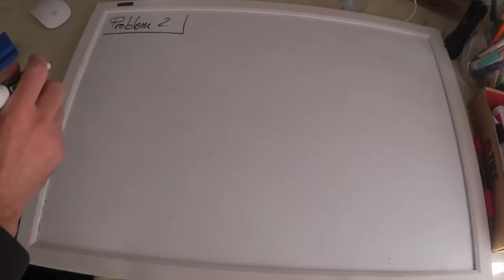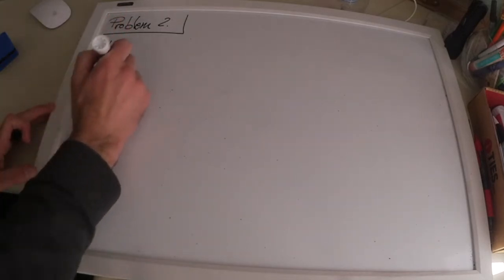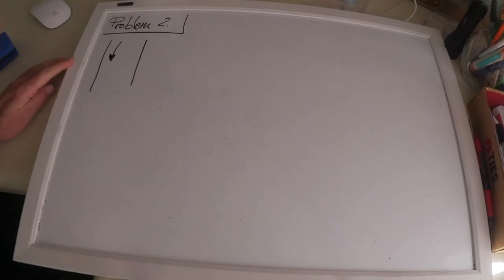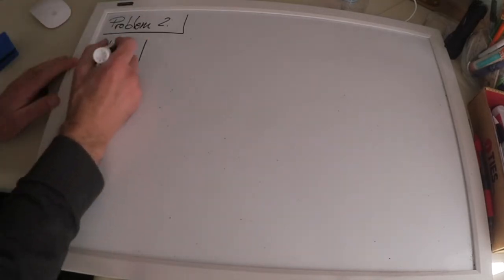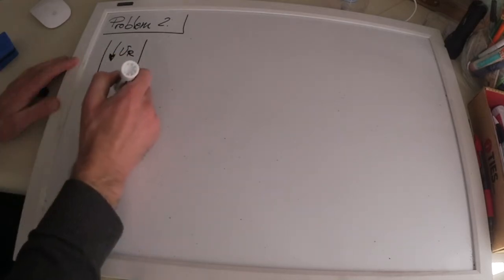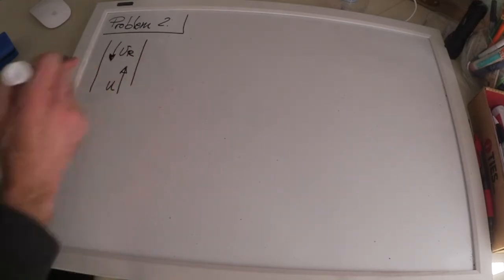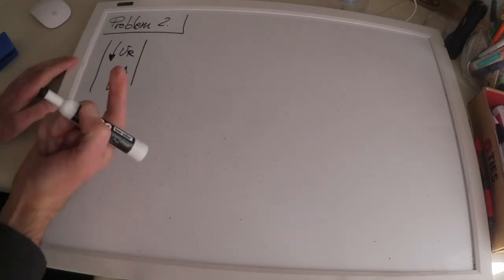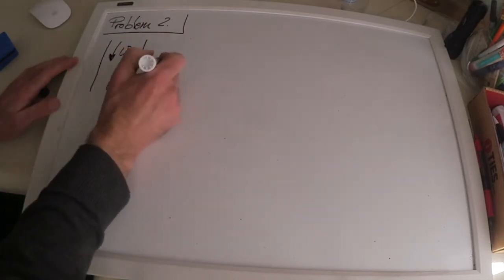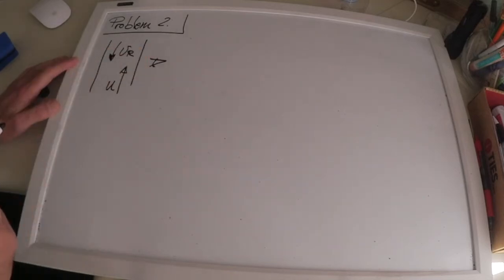In this problem too, we have a river here and the water of the river is going downstream, so it's going down, and we'll call this v sub r, the velocity of the river. I will call u the velocity of the swimmer, which first is going upstream and then is going to go downstream. We have an observer here on the bank of the river.